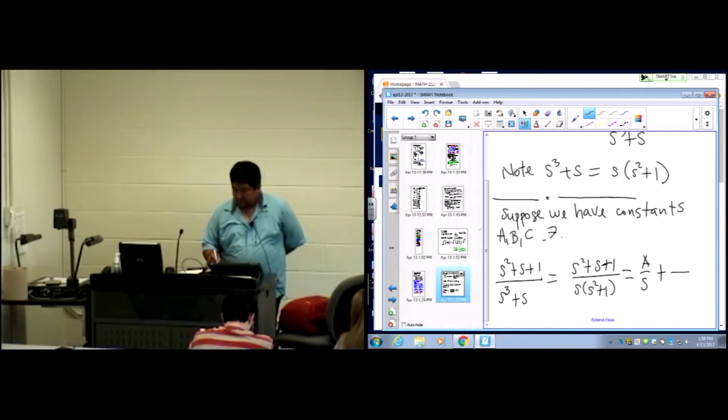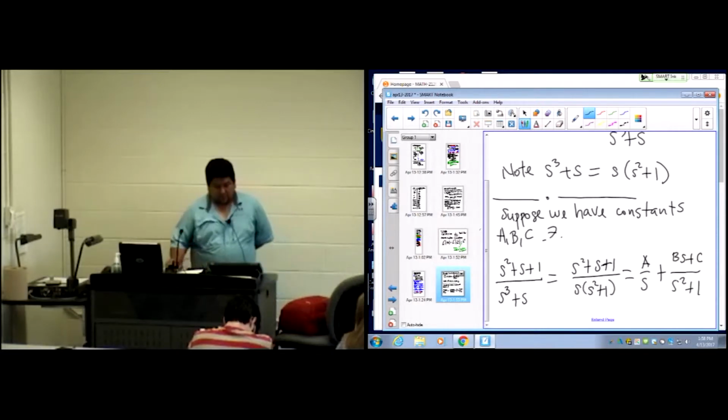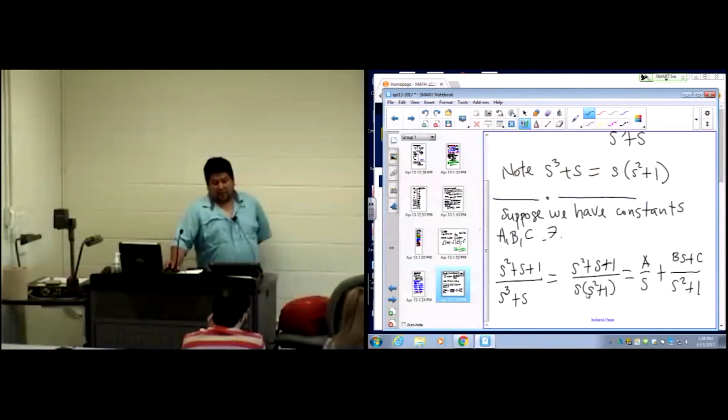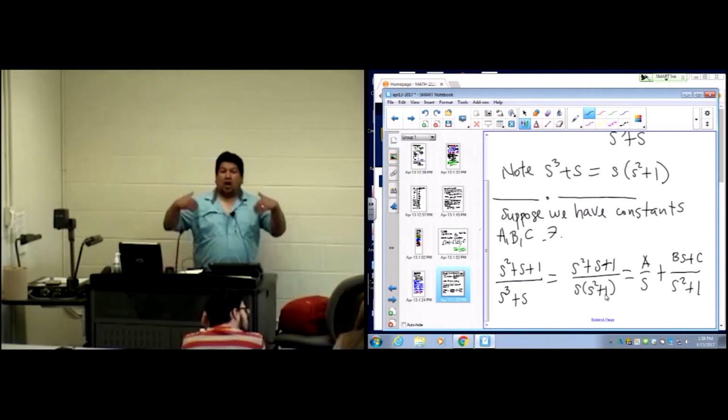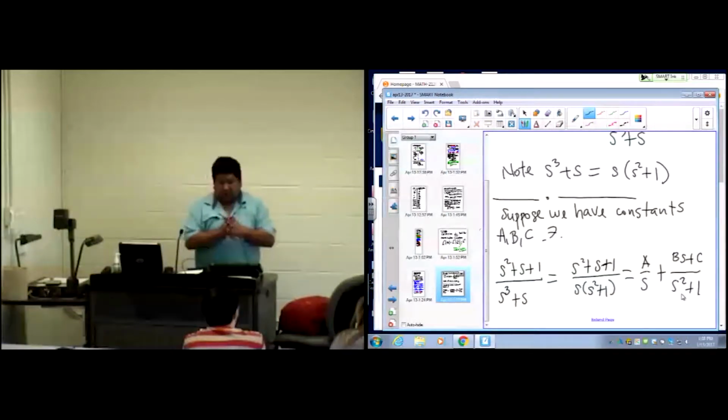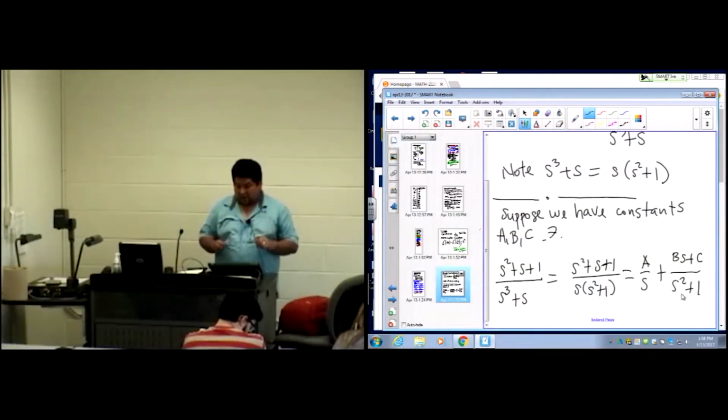Okay, and then let's do a couple of extra steps here. Let's work with this part: A over s plus Bs plus C divided by s squared plus 1. So what if I start with the two fractions I really want?